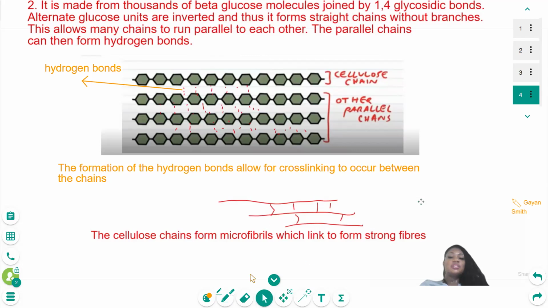So because of these links, cellulose ends up being able to form very strong fibers. All right, I'm just going to show you a diagram, not something you need to copy, as to how the cellulose fibers end up creating the cell wall. And then I have a video to show you.